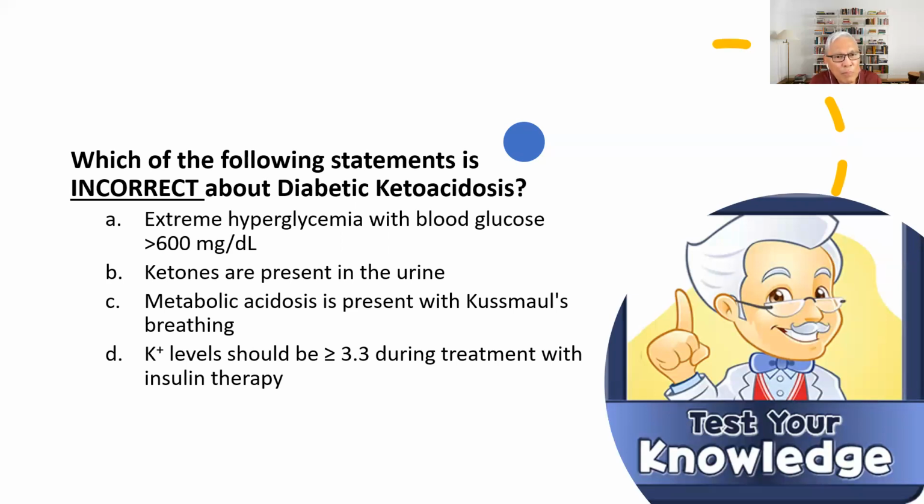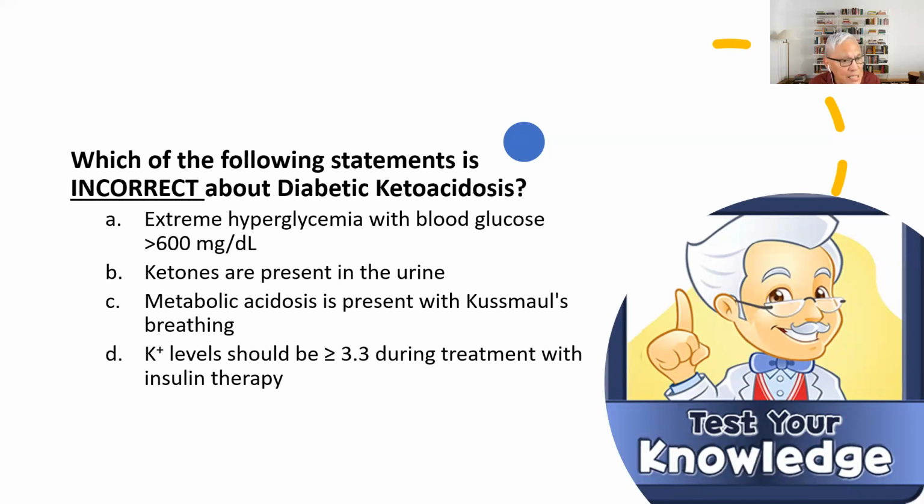But whenever the blood glucose is so high, and the highest that I have seen is 950, for example, that would be in HHS, or hyperglycemic hyperosmolar syndrome. So the correct answer here is letter A.